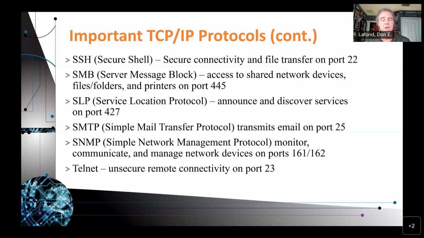That's another weird one because Telnet definitely came first, so you would think it would be the lower number. But SSH is 22. The way I remember it is I look at this and it's kind of like an S. It's an upside down S, and there's two S's here in SSH.